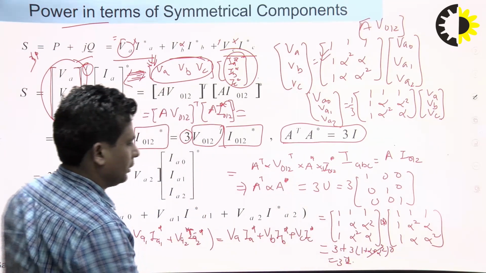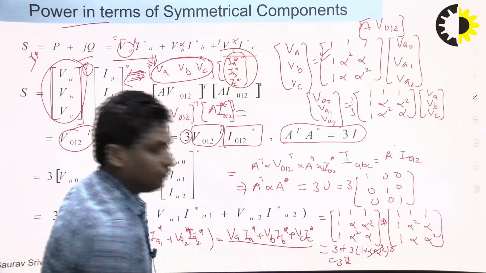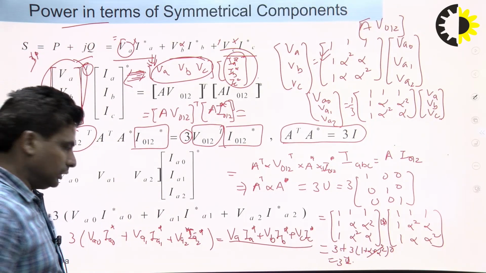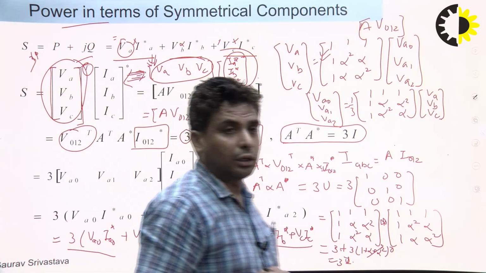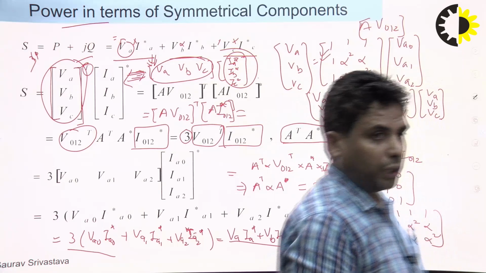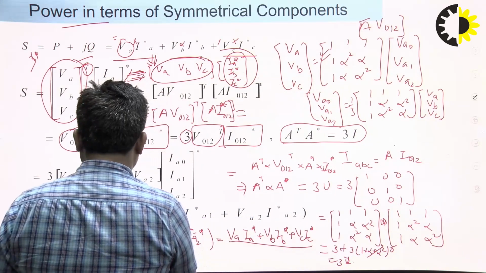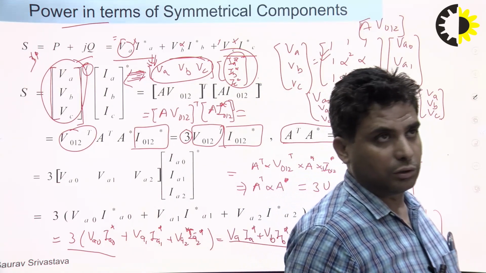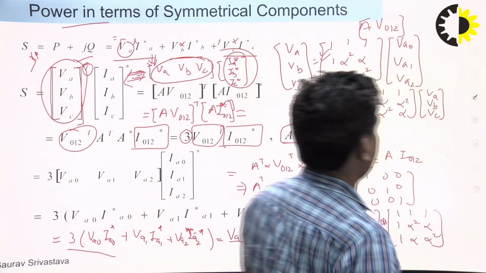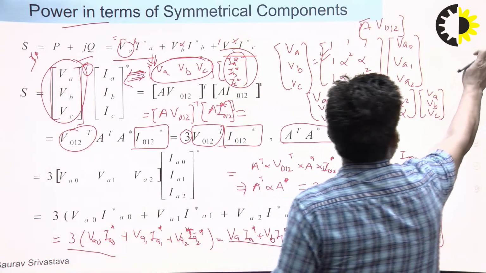So that means the phasor power in each phase equals 3 times the symmetrical components power. That is the derivation we can easily derive here, the calculation of the power in terms of the symmetrical components.